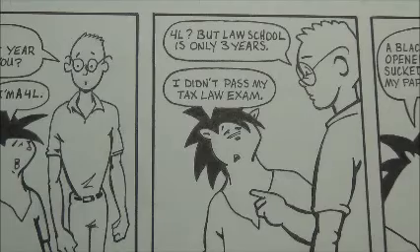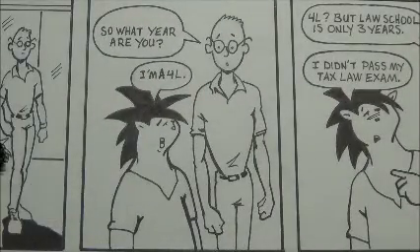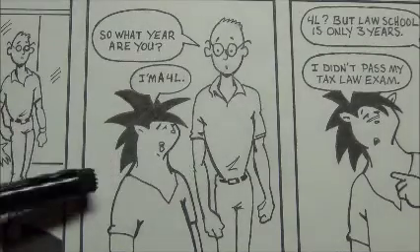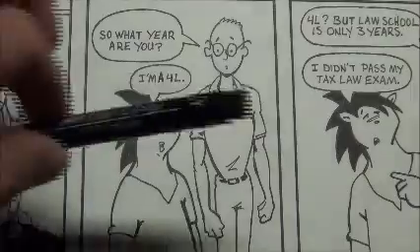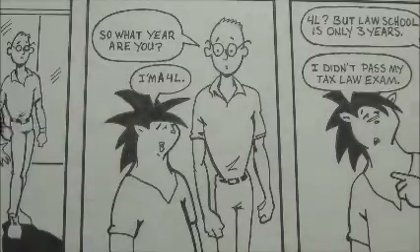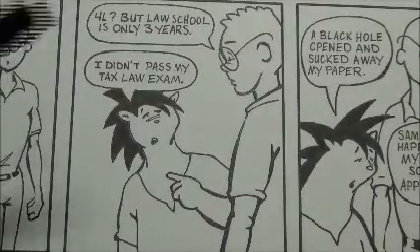Next panel, I do something a little different. Oh, and let me note something else here. You see that I continue the positioning of the body, how they're both facing slightly forward but turned a little bit to the right. Again, helping you move your eye. But then I change the rhythm here with this third panel.